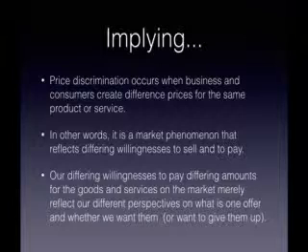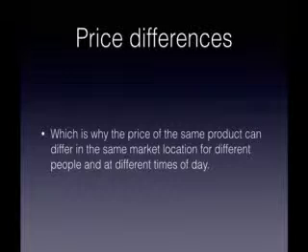The differing willingnesses that we have to pay differing amounts for the goods and services on the market merely reflect our different perspectives on what is on offer and whether we want them or not, or whether we want to give something up for them, such as money. So price differences emerge on the market. This is why the price of the same products can differ in the same market location for different people and at different times of day.